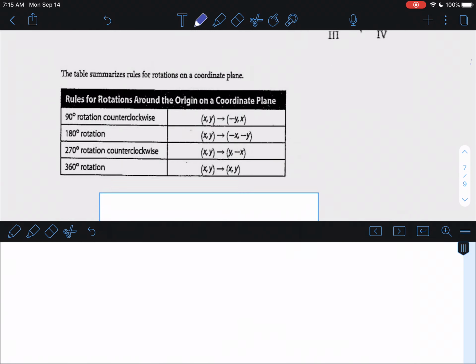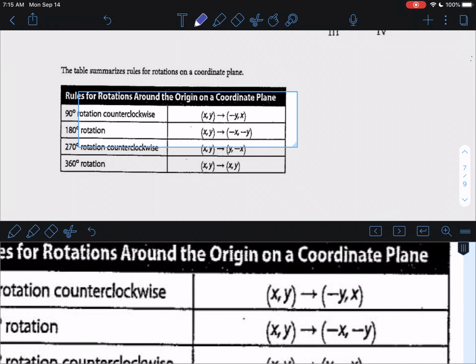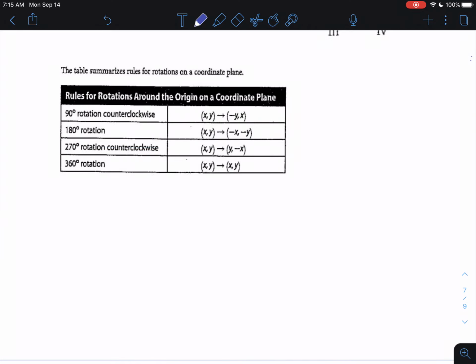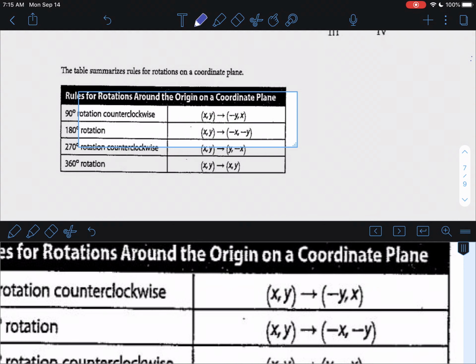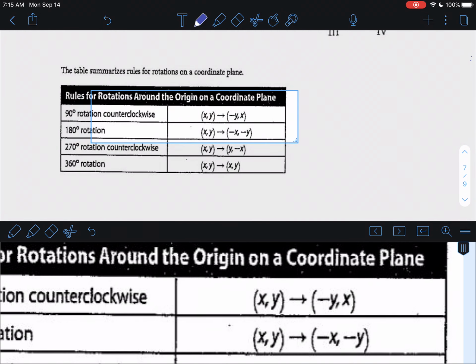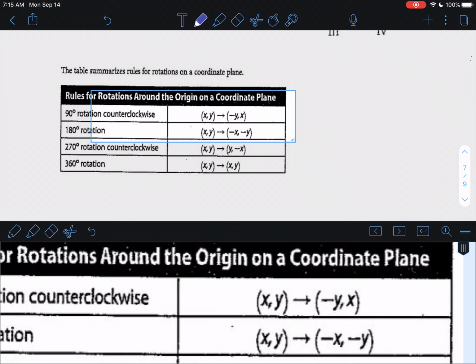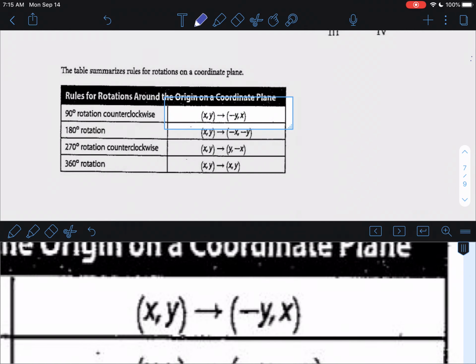And then here we have our little table, which gives the rules for rotating an object around the coordinate plane. So if you have a 90-degree rotation counterclockwise, you're just going to take your x, y of whatever point it is and flip it, make the y negative. So we can see that it goes from x, y to negative y, x.